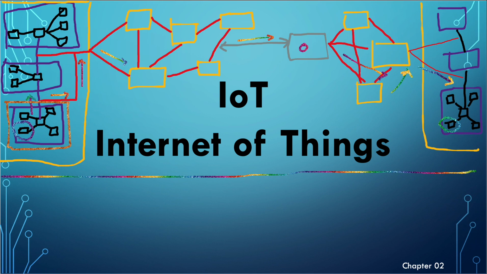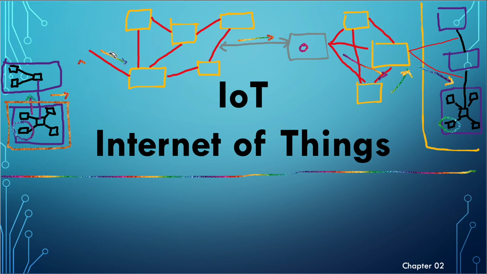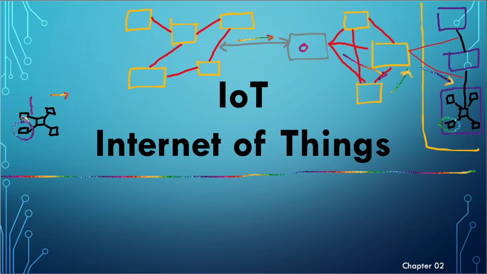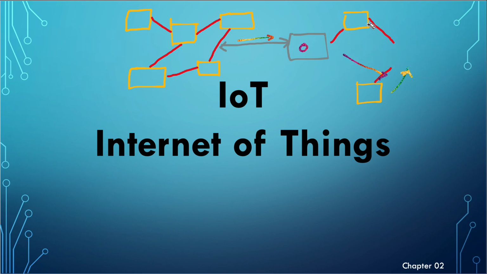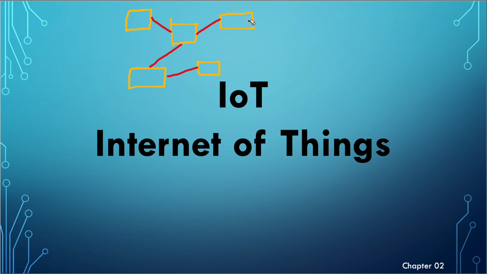So right now, what we are trying to look at is the components that are needed to build an IoT embedded device, or the very edge node of the IoT network.